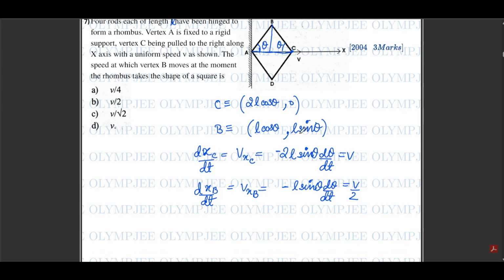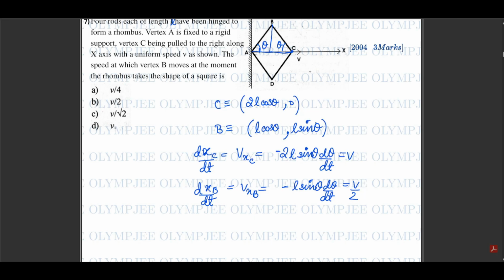Okay, so at this instant, the x velocity of B is V by 2, and this velocity will always remain V by 2 because C is moving with constant speed and has no acceleration, and the relationship between B and C will always be there. So the x component of B's velocity will always be V by 2.